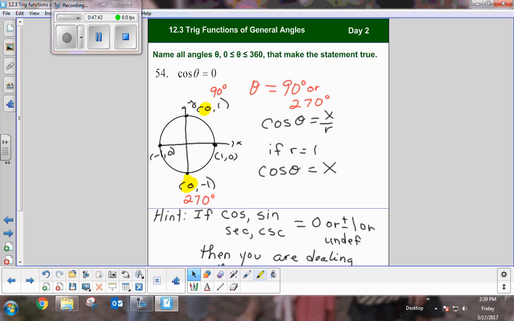Charlie asked about where I highlighted: those are the places where cosine of theta is 0, and the answer is yes, because cosine of theta is 0 when x is 0. Yes, Katie? R is equal to 1. Yes, you're constructing a circle such that r is equal to 1.